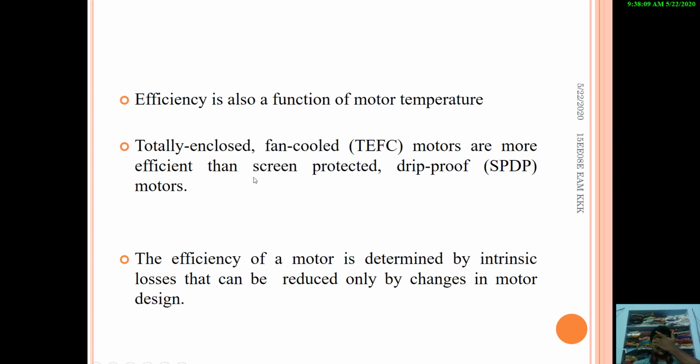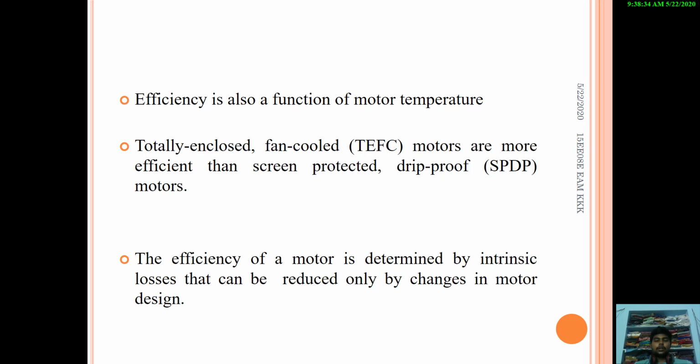That is, a motor with some cooling system will experience higher efficiency than a motor with no cooling system.